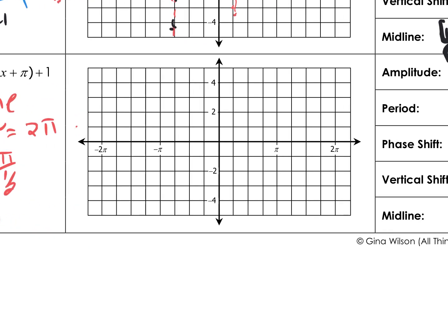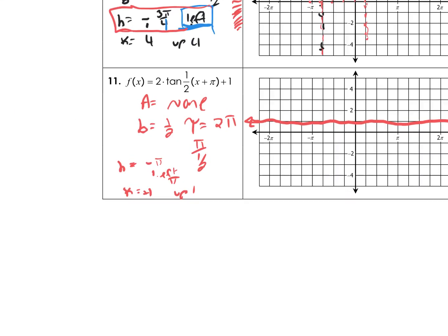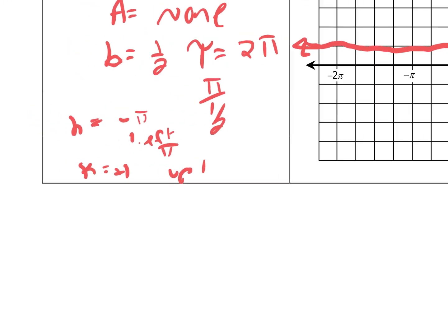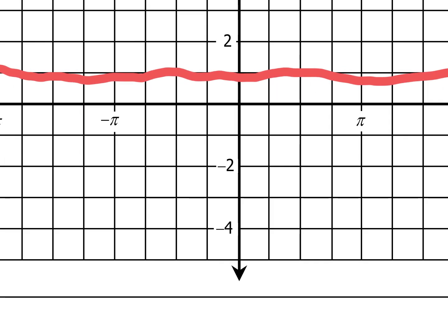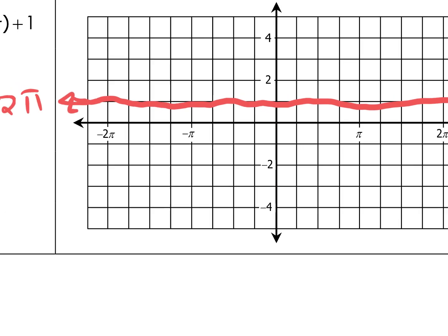This time I'll try to be faithful to it. That's where my dot's got to go. Where's my first dot going to go? Left pi over 4. How many tick marks is pi over 4? 1.